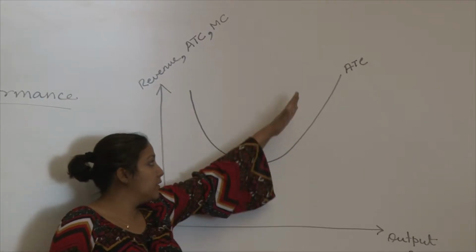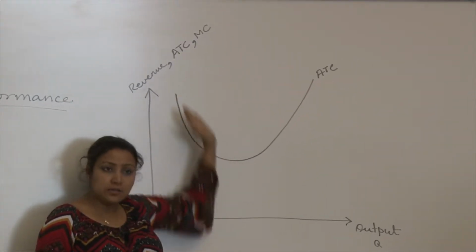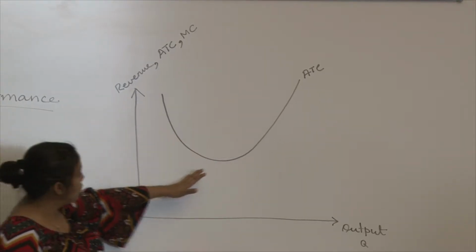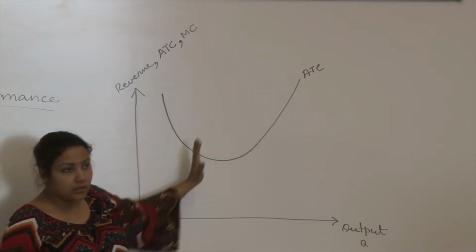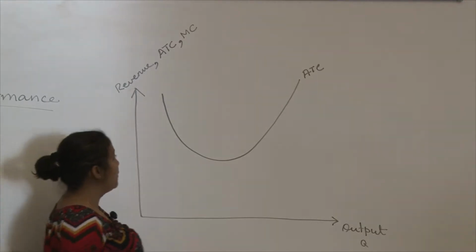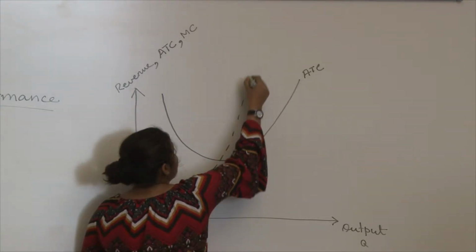There the diminishing returns effect is dominant, and hence this curve has a U shape. And we said that the marginal cost curve cuts through this place. This is where the marginal cost curve cuts through, and then you have, let us draw the marginal cost curve also.